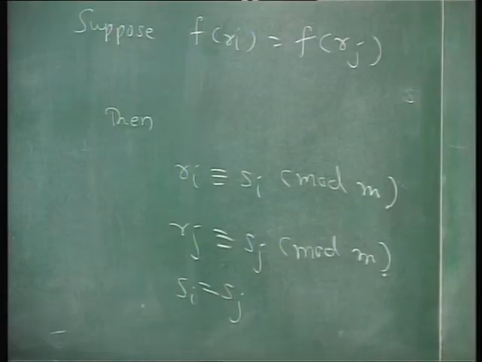If f of Ri is equal to f of Rj, then Ri would be congruent to Rj mod m.